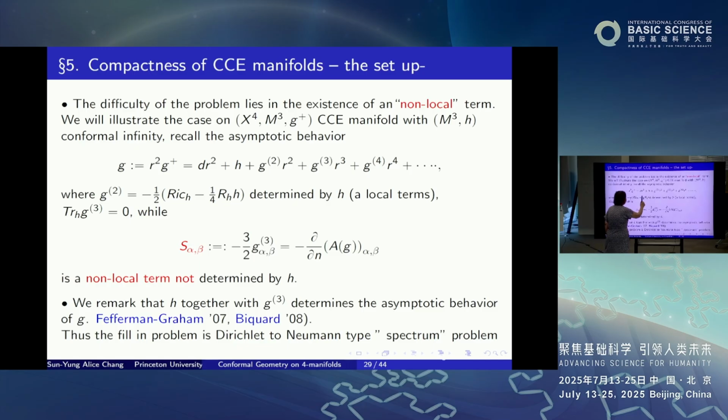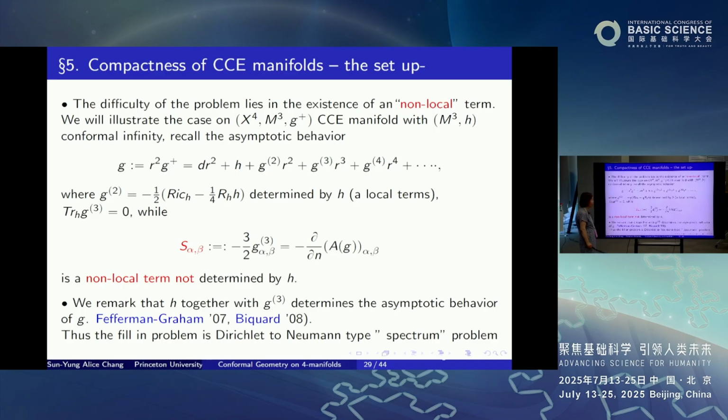And g2 is geometric information in terms of h. It's actually the Schouten tensor of h. It's a local term. Local means determined by the boundary data h. But this g3, one can write down, it's a tensor. This g3 is the normal derivative of the Schouten tensor.